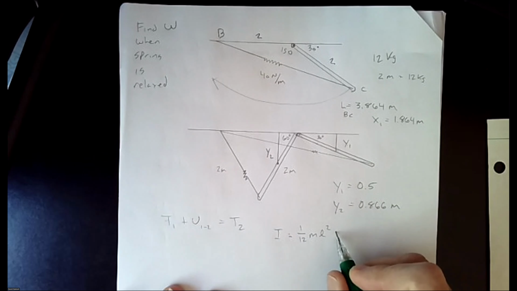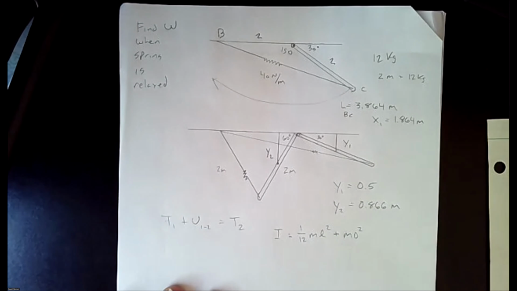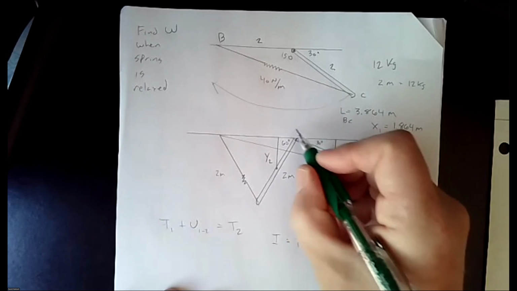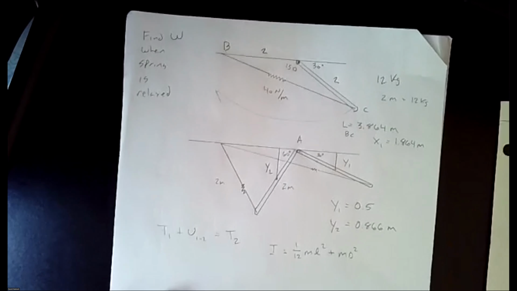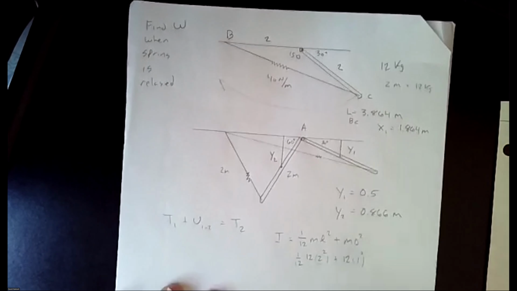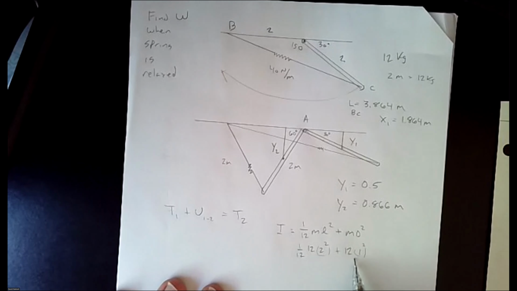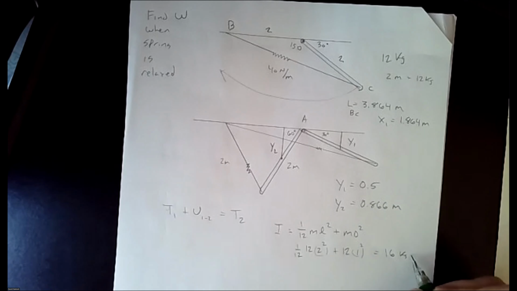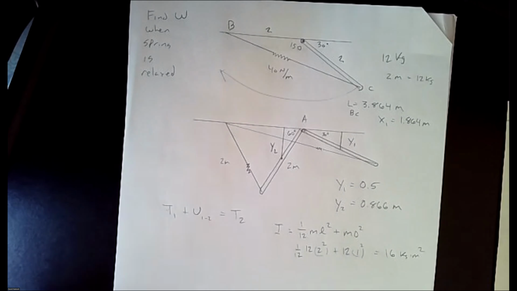And then I have to add to it plus its md squared, because we need the parallel axis theorem since we're rotating about this point here, point A. So if we calculate that, that becomes 1/12 times 12 times 2 squared plus 12 times 1 squared. And so that's essentially 4 plus 12. So that gives me 16 kilogram meter squared. All right.